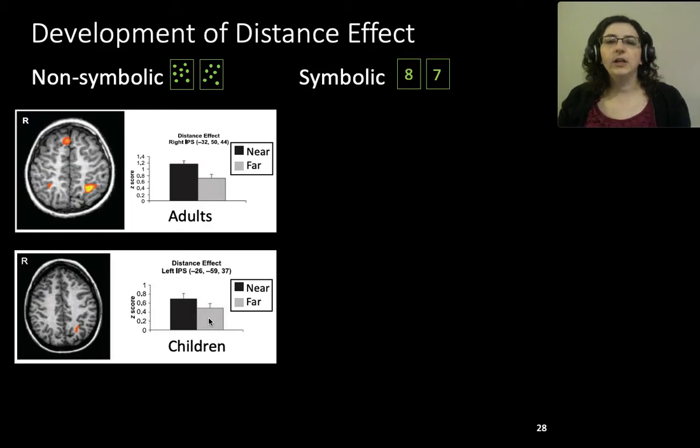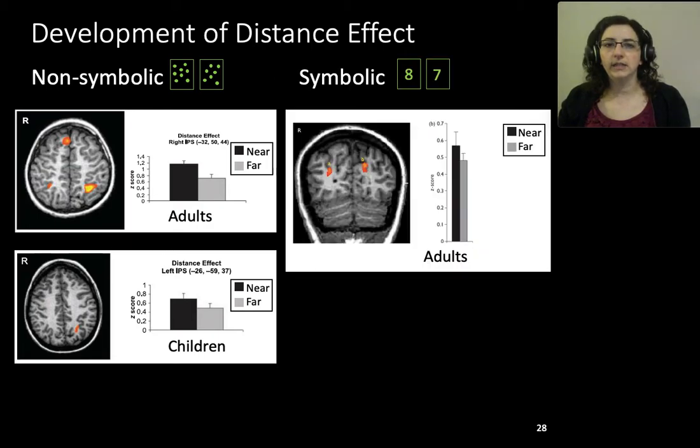However, if we look at symbolic comparisons, we also see in adults greater activity for near than far, but in children, we see no difference. So it's as if this part of the brain that processes magnitude hasn't yet begun to do so for children.